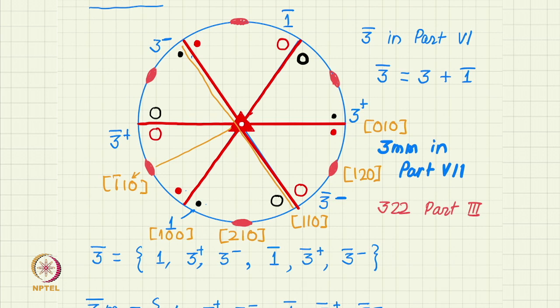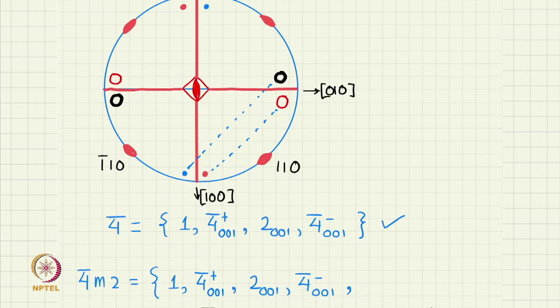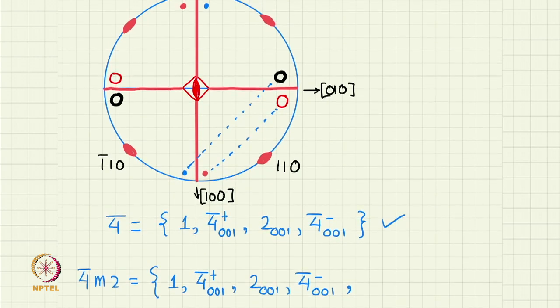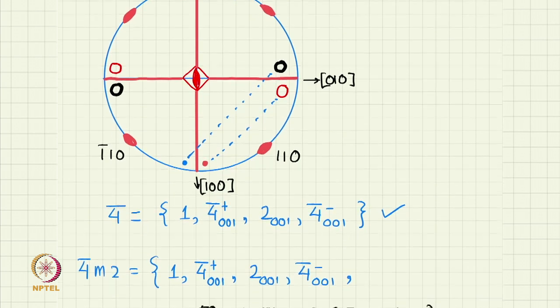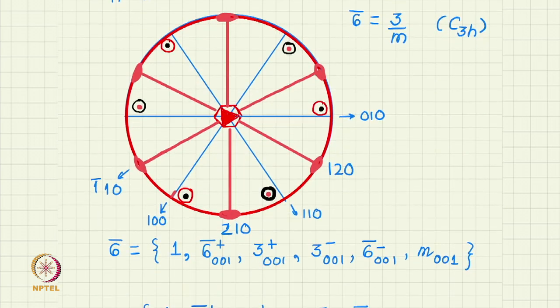So same result we would have got if instead of putting a mirror plane parallel to the 3-fold axis, we would have started by putting a 2-fold axis perpendicular to the n bar axis. Same case is here also. We put a mirror plane, but we got a perpendicular 2-fold in case of 4 bar and in case of 6 bar.